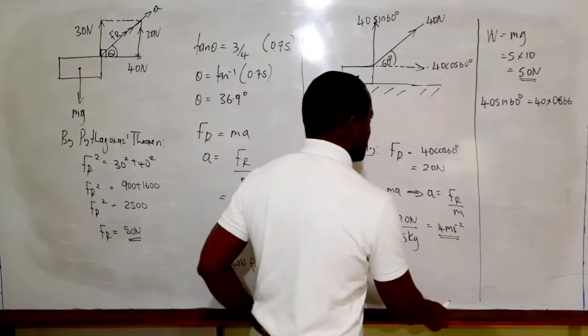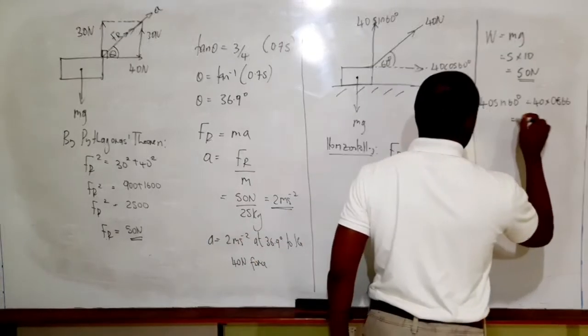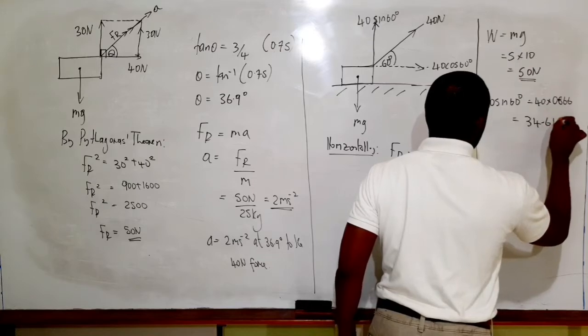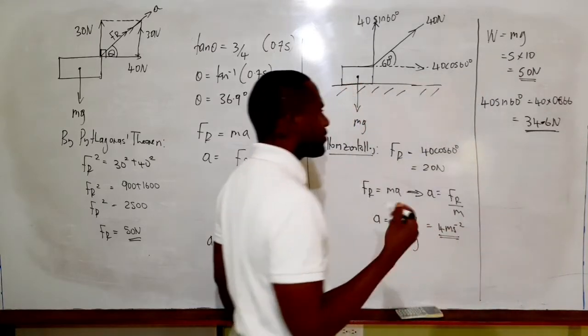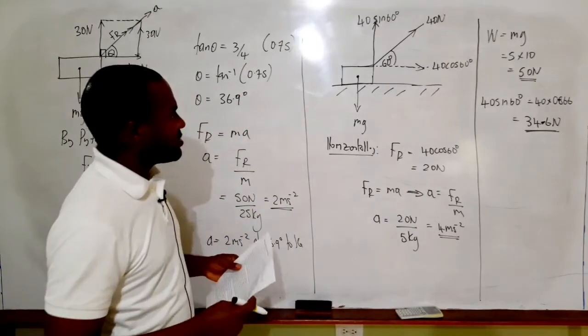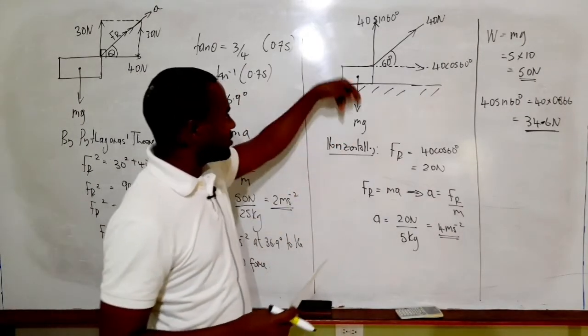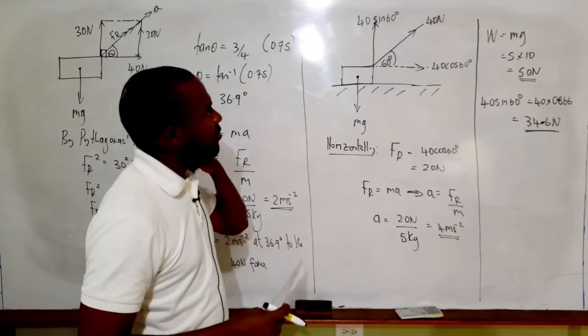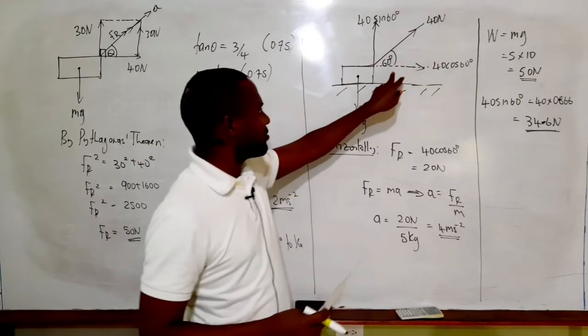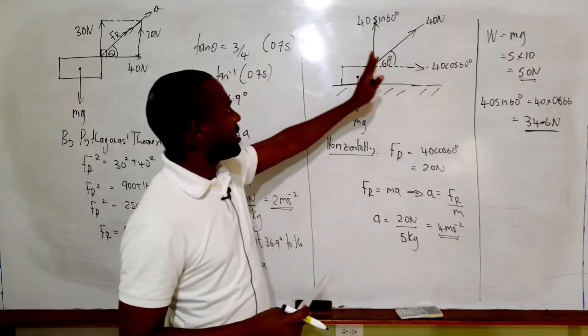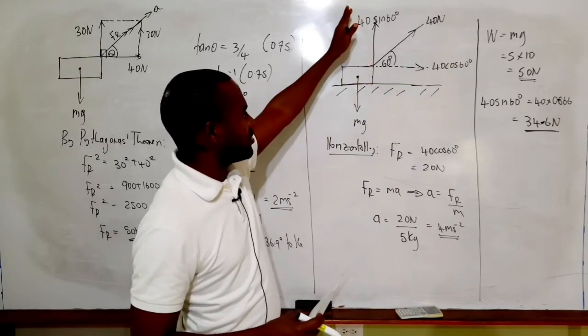So that gives us 34.6 newtons, right? So in terms of the vertical direction, there is the body's weight always acting vertically downwards, and because the 40 Newton force is acting at 60 degrees to the horizontal, it also has a component acting vertically upwards, right?